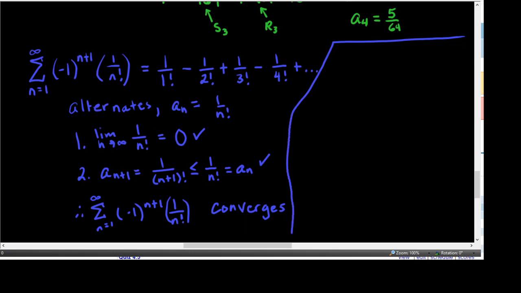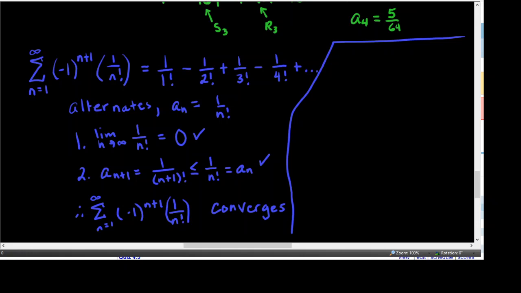All right, so we're supposed to approximate the sum of that series by its first 6 terms. We've got the first 4 written. The next one is plus 1 over 5 factorial, and the next one's 1 over 6 factorial.